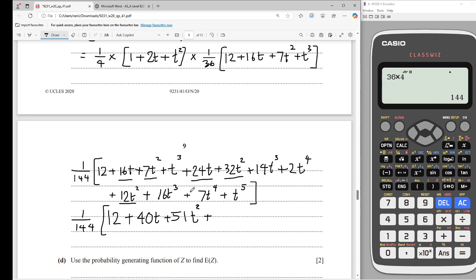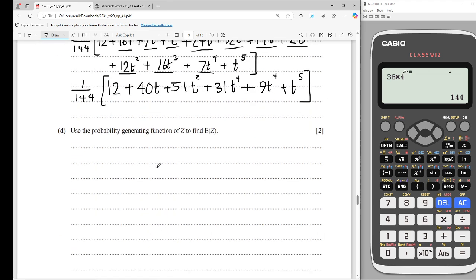Then t cubed: 14t cubed plus 16t cubed gives 31t cubed. Next we have 2t to the power 4 plus 7t to the power 4, which is 9t to the power 4, and this is added with t to the power 5. So this is your gz(t).